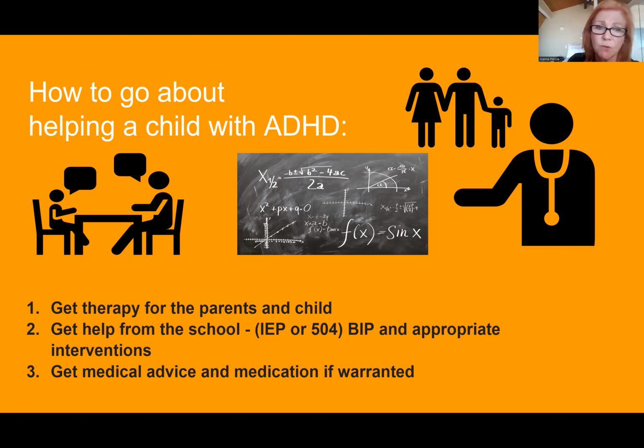Get help from the school, either an IEP or a 504. 504 is another option beyond special ed, but if you are diagnosed by a physician with ADHD, your school can help you out through that process. And then get medical advice and medication if it's warranted.